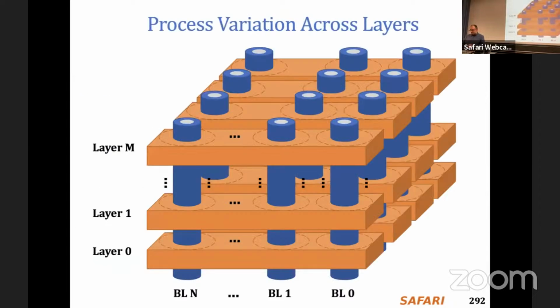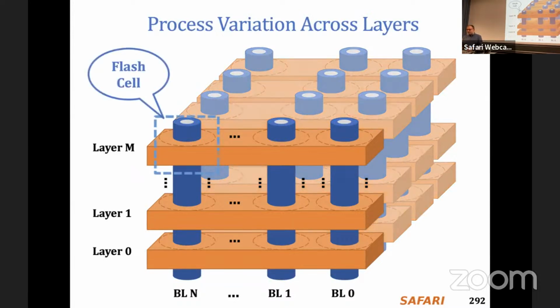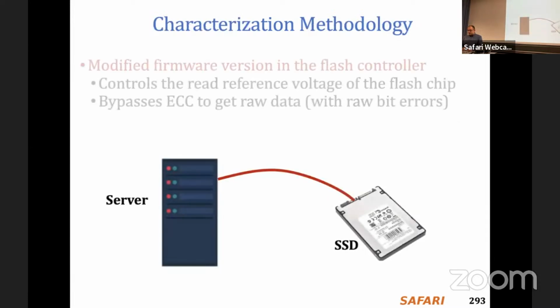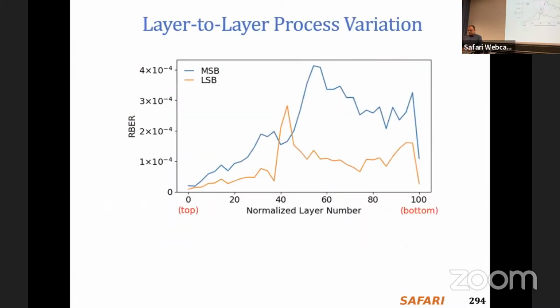So let's discuss quickly these observations, like the characterization results. We have process variation across layers, and we report results for that using our system, a real study that we have done. And you can see the raw bit error rate across different layers, and we report errors for LSB and MSB.